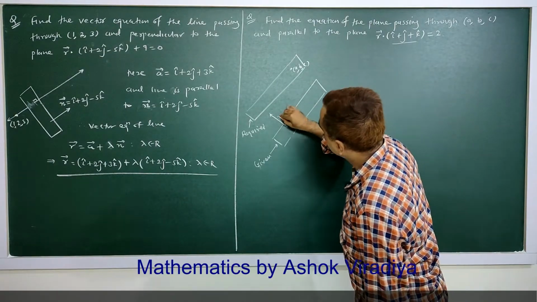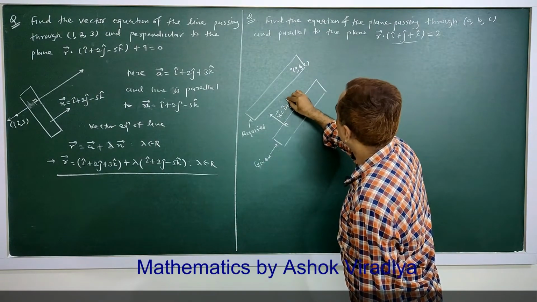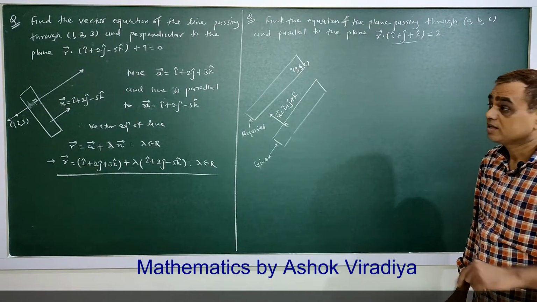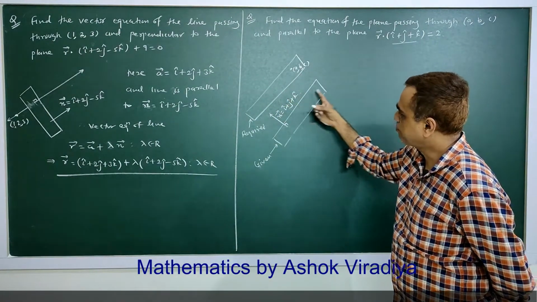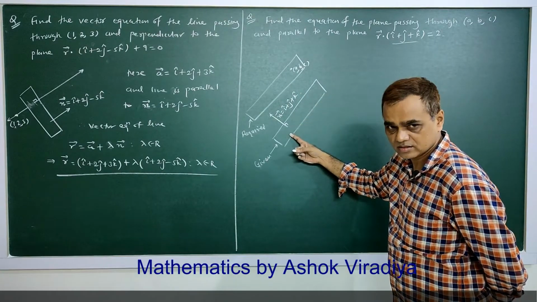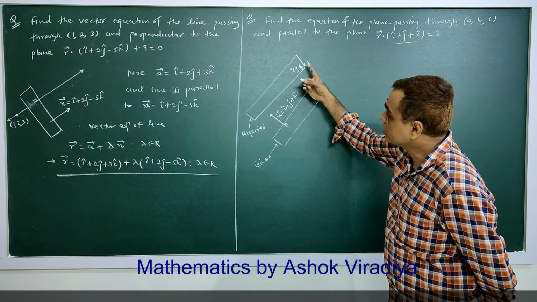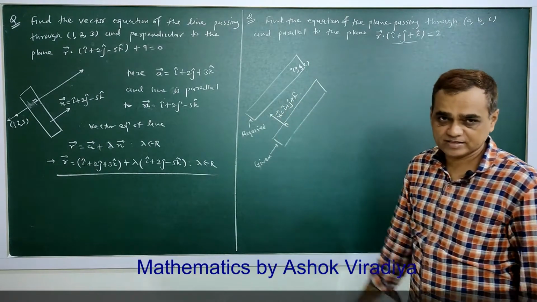It is vector n is i plus j plus k. Now see, this plane is parallel to this plane. Therefore, the normal to the required plane will be the same as the normal to the given plane.